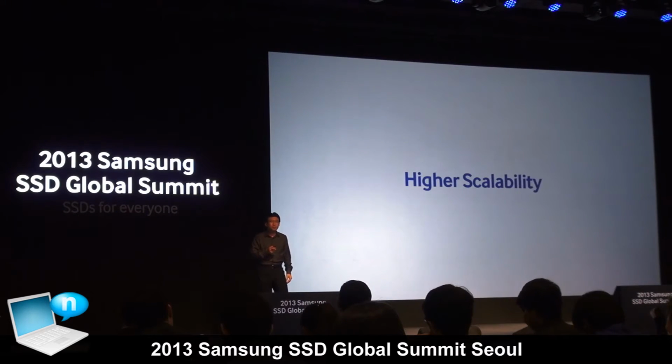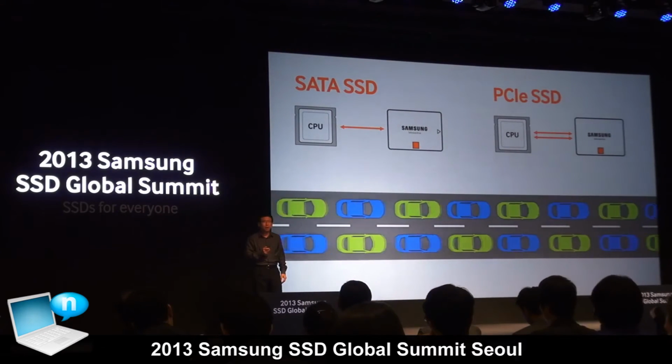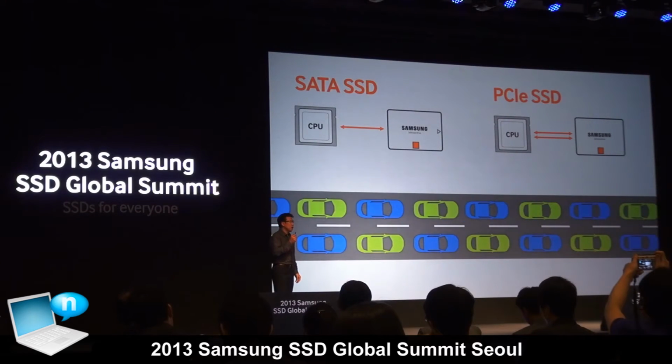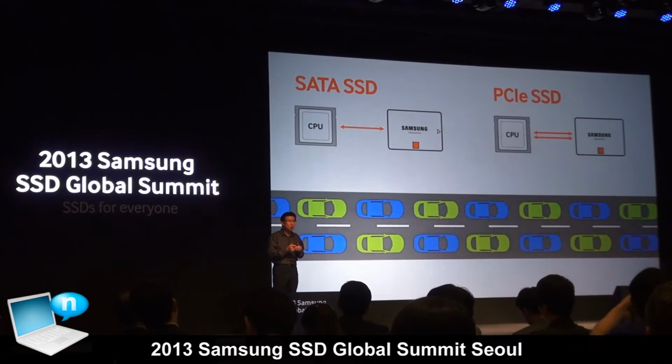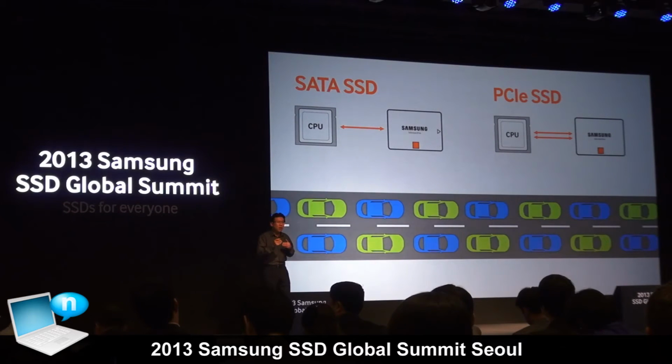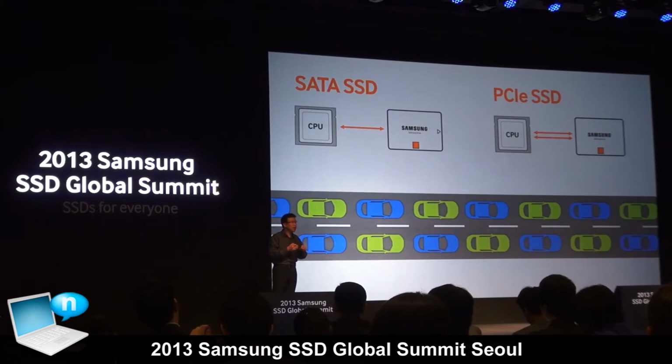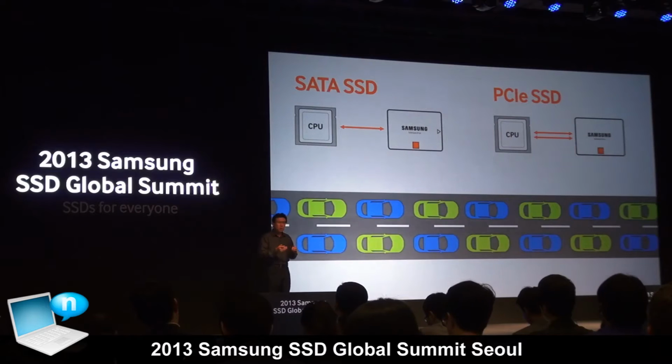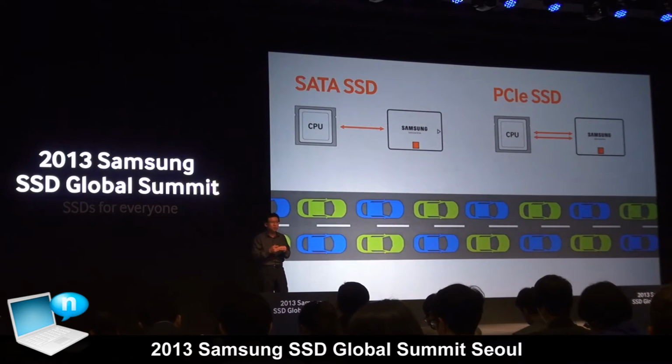Higher scalability. From a technical and standard perspective, SATA interface only supports one lane, meaning that even if you want to extend the 600 megabyte interface into 2 or 4 lanes, it's prohibited by the specifications. It wasn't needed at first because nobody was expecting disk performance to go anywhere over 300 megabytes per second.